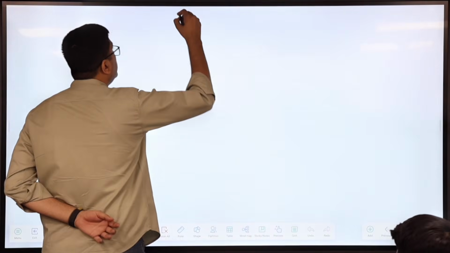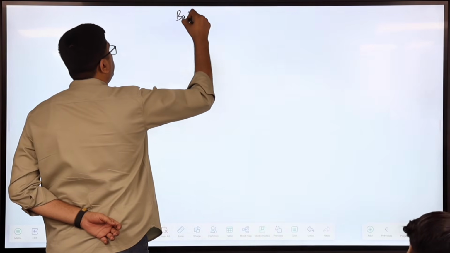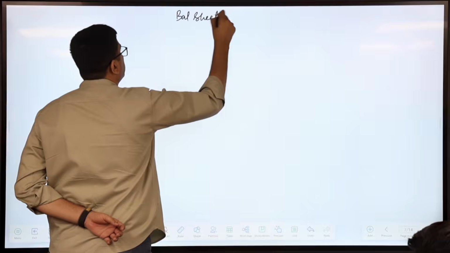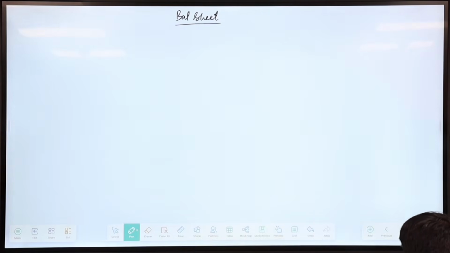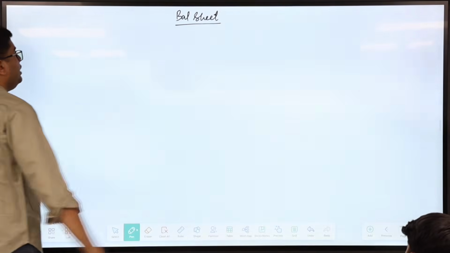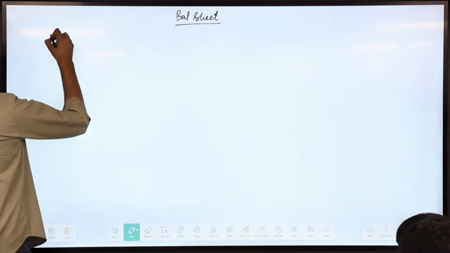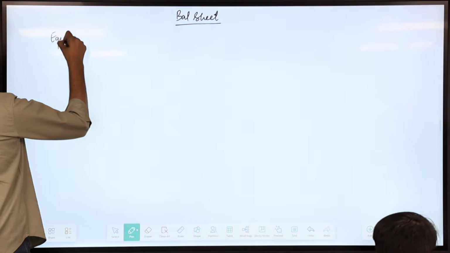Last mind map that we need is for the topic balance sheet. For this chapter, the format is your entire revision, your entire mind map. So balance sheet, we have equity.